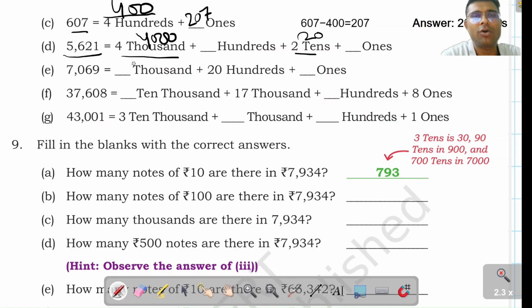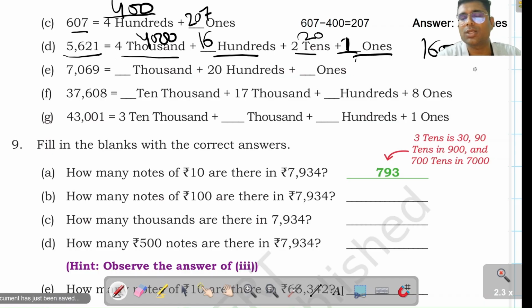Okay, so how many hundreds will be there and how many ones will be there? How many hundreds will be there, बच्चों? There will be 1600. And how many ones will be there? There will be 1 one. When you add all these, you will get 5,621.